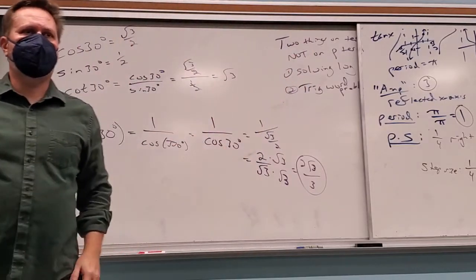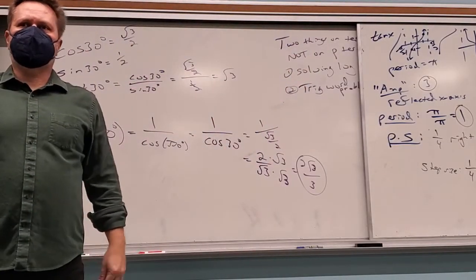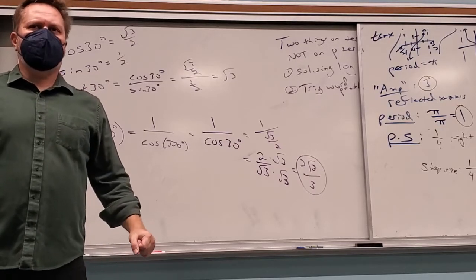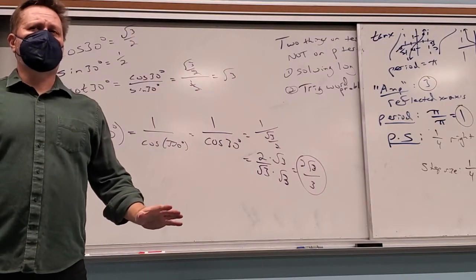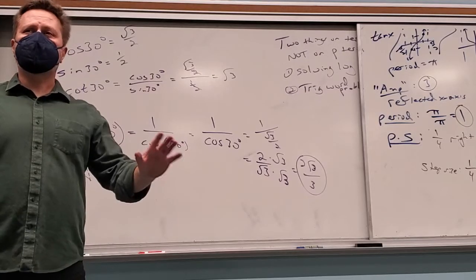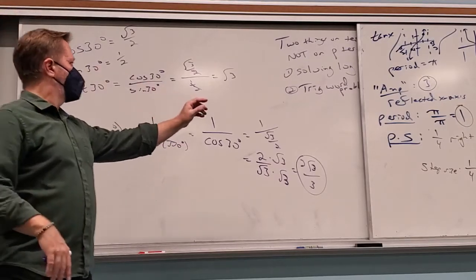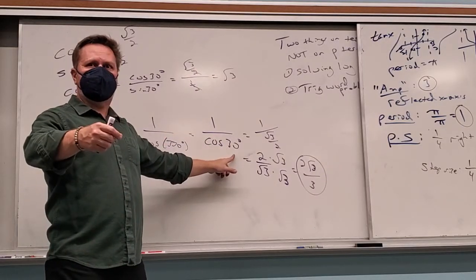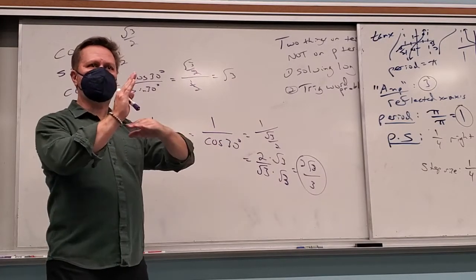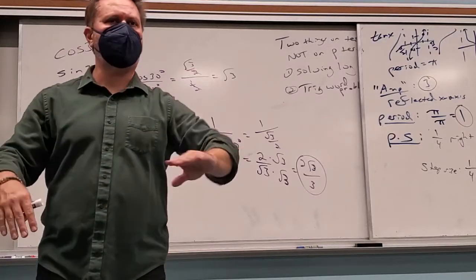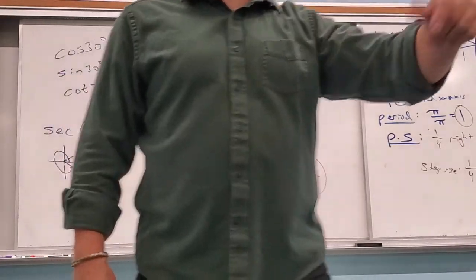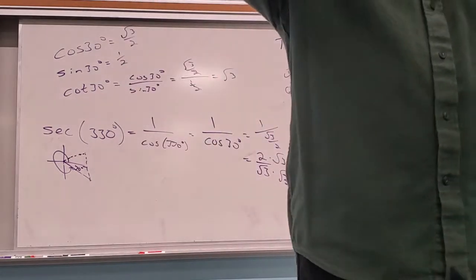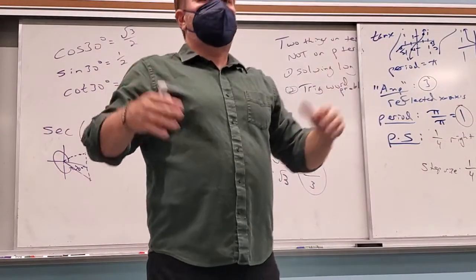I highly recommend you don't. That's really silly. It's wasting brain space. Do you guys understand that just memorizing the first quadrant, because everything is based off of reference angles. So if I just know the first quadrant values, I'm golden. And all I got to do is know sine and cosine, because I can build tangent, I can build cotangent, I can flip it for secant and cosecant. That's all I got to do is memorize sine and cosine.